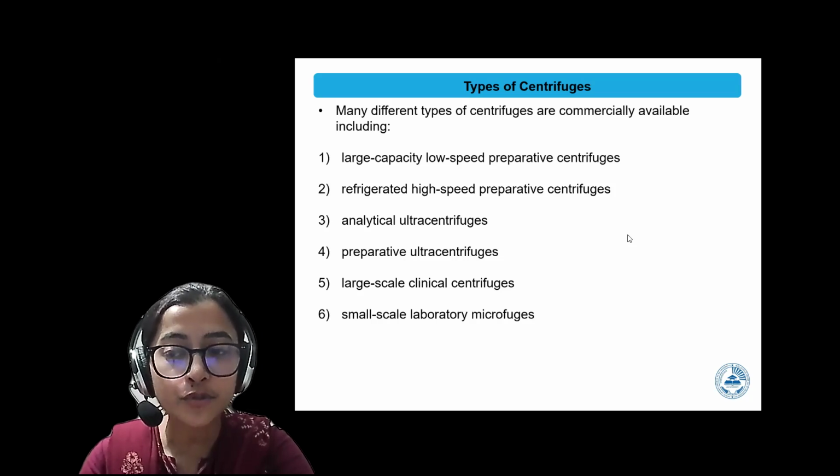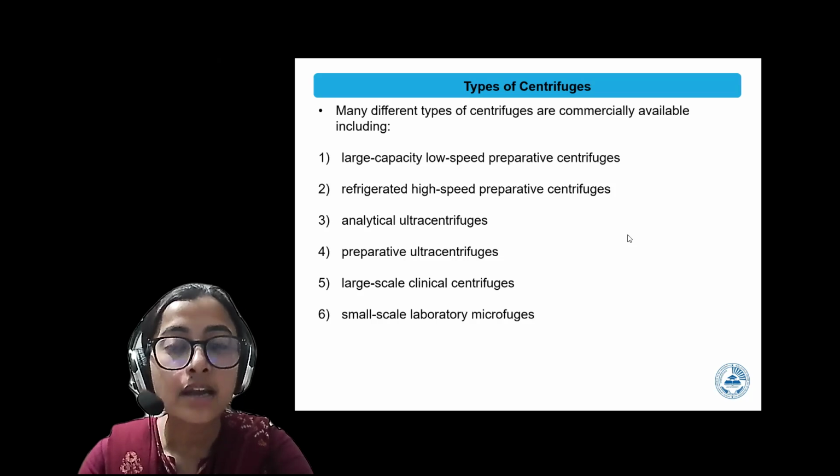Preparative ultracentrifuges, used for isolating proteins and nucleic acids. Clinical centrifuges, commonly used in diagnostic laboratories. And microcentrifuges, which are used for small volume samples. Each type is designed to meet specific experimental needs.